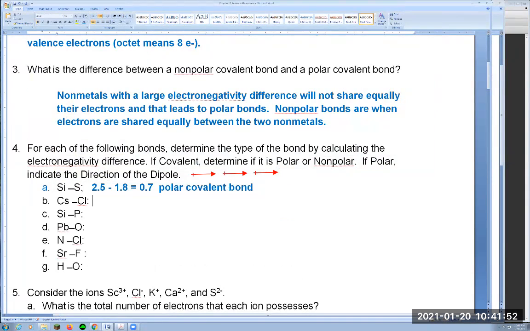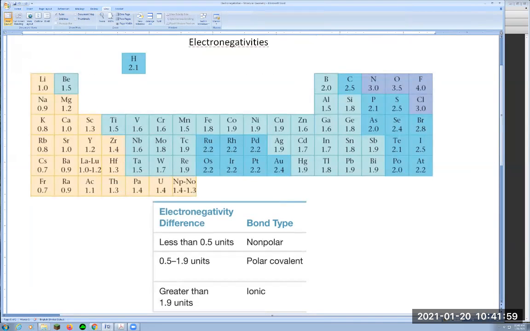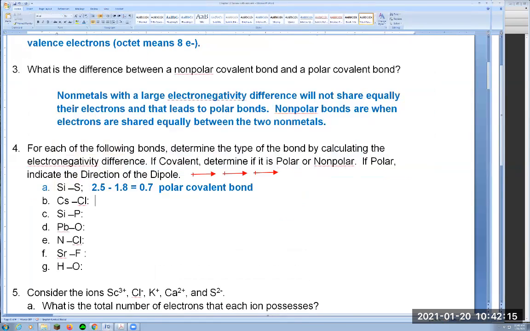Okay, so let's do Cs-Cl. Cs is cesium, Cl is chlorine. Cesium on the left side of the table has an electronegativity of 0.7. Chlorine on the right side has a value of 3.0. So we do 3.0 minus 0.7, and that's 2.3, right?